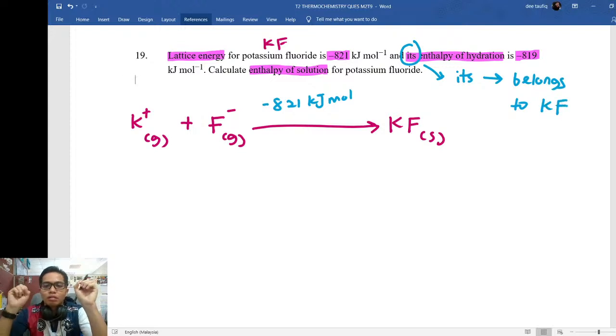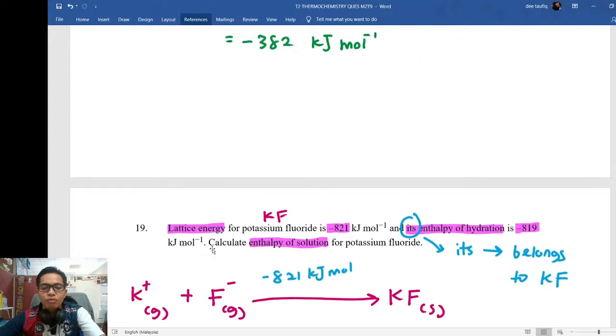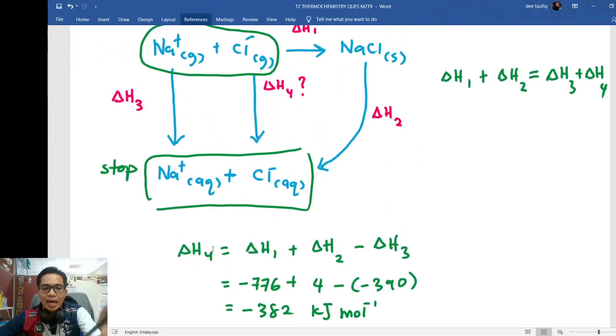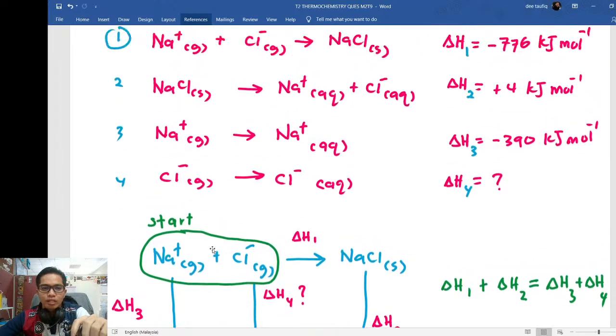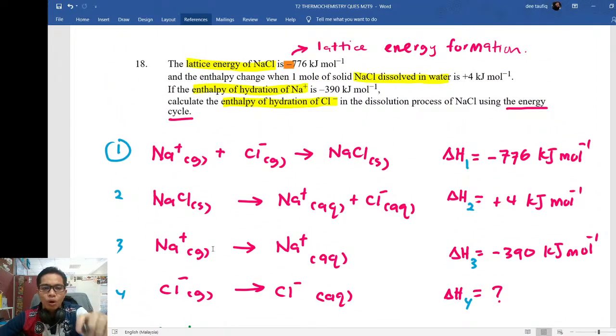So yang diberi tu its enthalpy of hydration is negative 819. Dia refer kepada KF terus. Kalau soalan atas tadi, soalan nombor 18, dia refer to individual ion Na plus and Cl minus. That's why the sentence is enthalpy of hydration of Na plus, enthalpy of hydration of Cl minus.